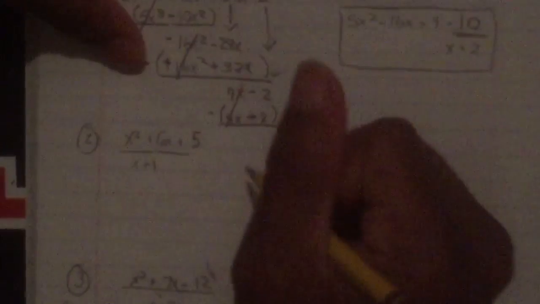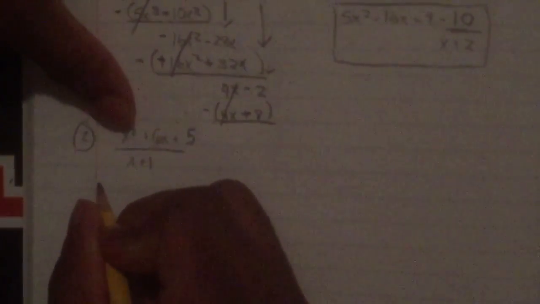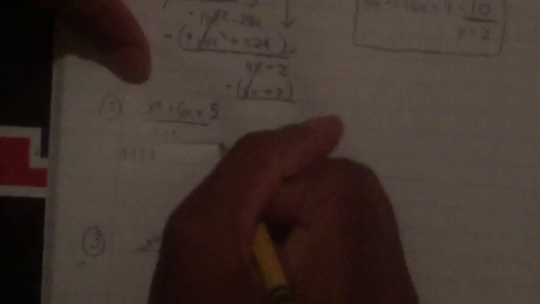So remember what I did is I put this right here, the long division sign, and x squared plus 6x plus 5. This one is simple.